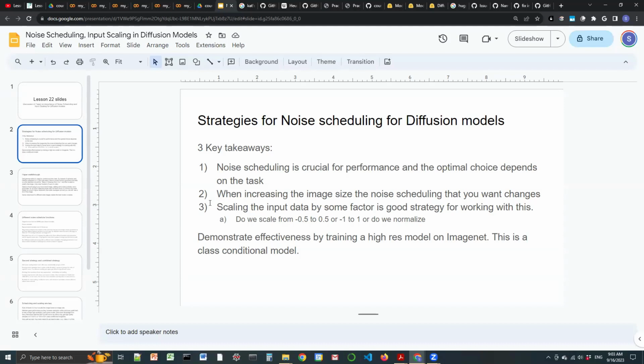Thirdly, scaling the input data by some factor is a good strategy for dealing with differently noised or different sized images. Now, this is exactly the problem that Jeremy saw, and he was just randomly, empirically changing values, right? He had a bug which put his image values in 0 to 1, changed it to say, consistent with all images, so -1 to 1. So all of his results go to the dogs.